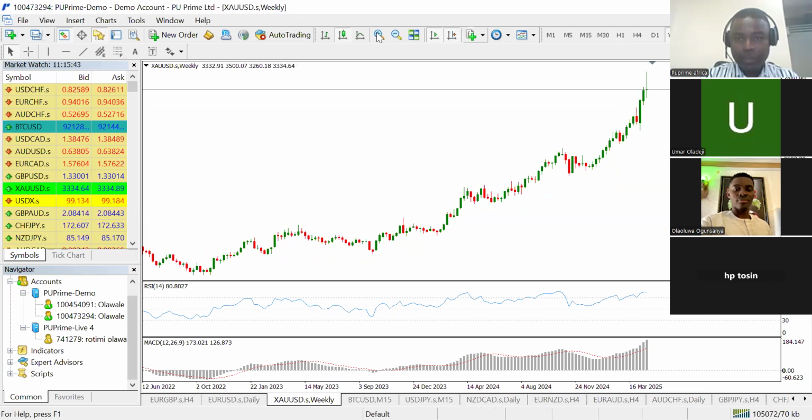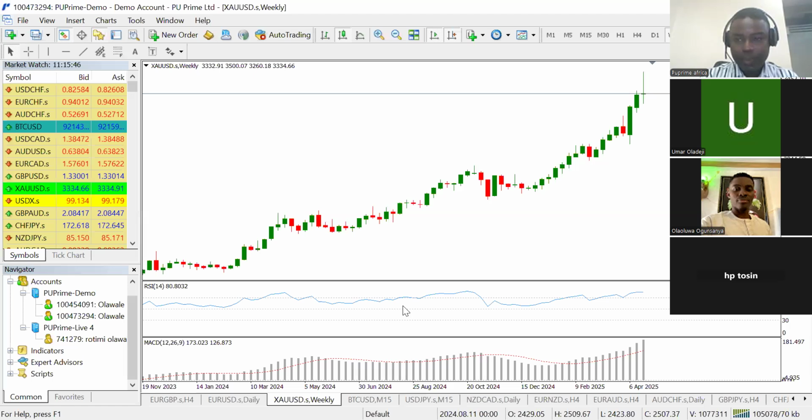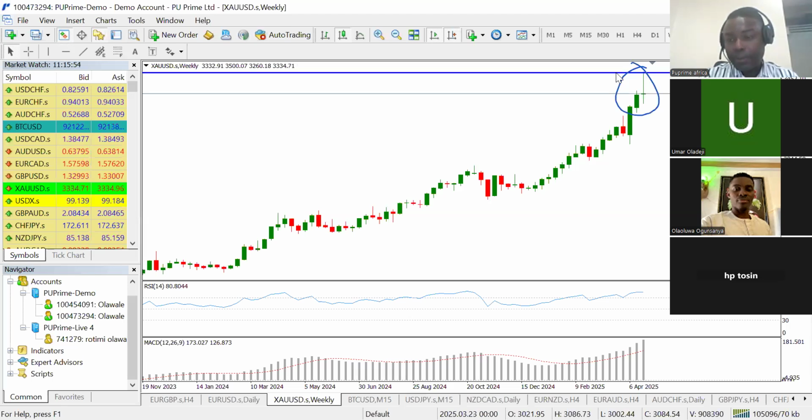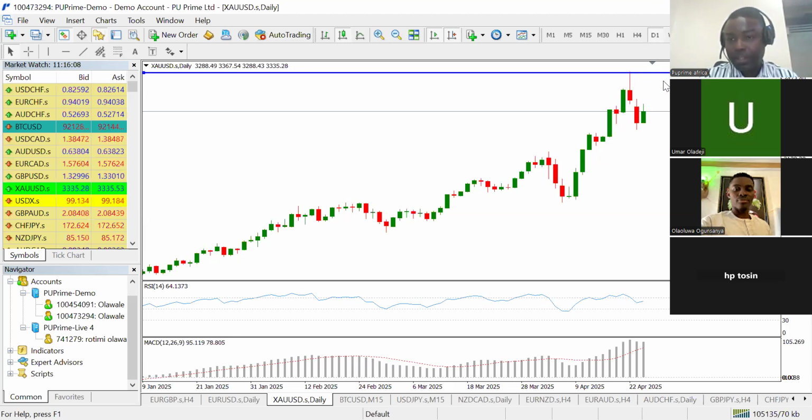Now, on the weekly time frame, we can see price is forming a rejection candle, and there's a previous psychological level at 3,500. Price may go back to retest that level, but for now, let's look at what is likely to happen. So that's what led to the recent bearish movement we saw earlier on this week.